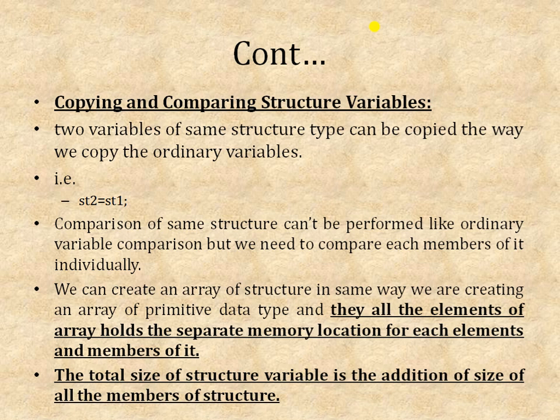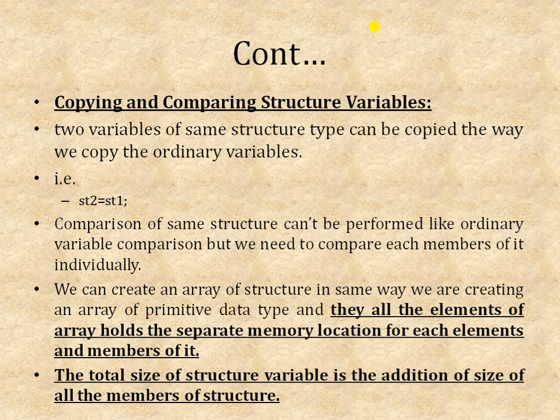Instead of that, I need to write st1 dot age double equals to st2 dot age, or strcmp of st1 dot name comma st2 dot name. I can compare the different variables of same structure in this way.